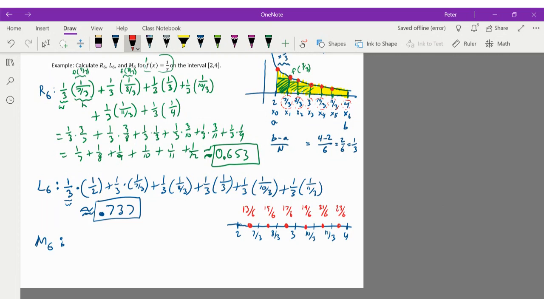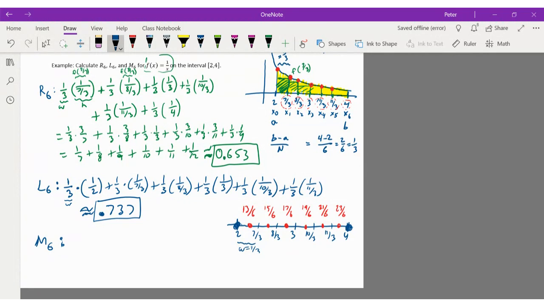I was just waiting for a question before I go on. Okay. All right, so for this, I still have the same width of each rectangle. Each width is still going to be 1/3. It's still going to be 1/6 of the entire interval running from 2 to 4. It's just that I'm choosing a point in the middle of each interval.